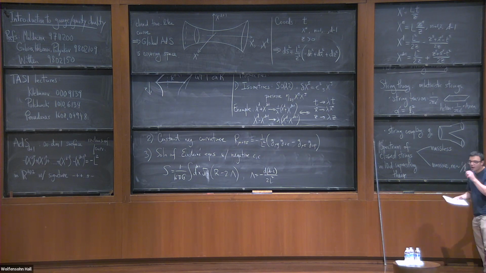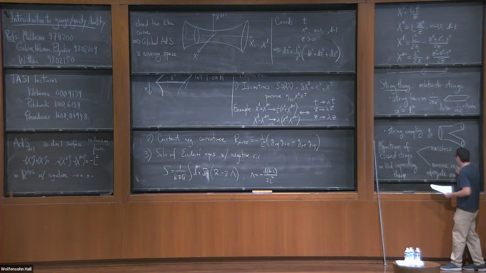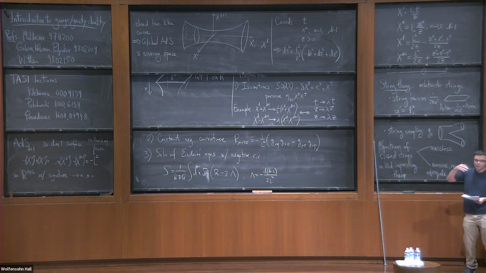So whenever we have massless particles and massive particles, if we go to very low energies, we can forget about the massive ones. So these ones, the massive ones, we can integrate out and keep the massless ones, which are these. These are described massless particles in 10 dimensions, and we can describe them by fields.